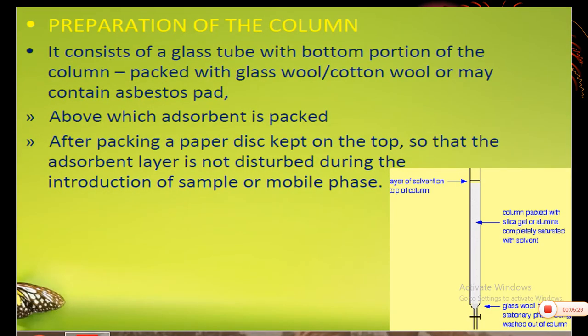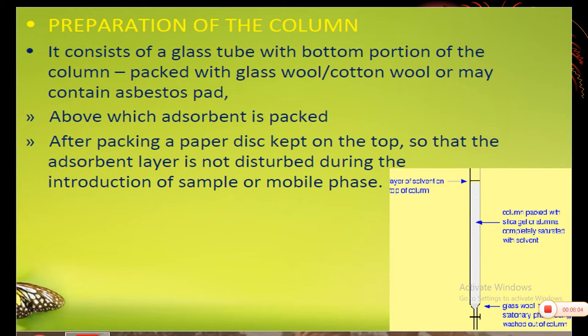Now, in the preparation of column, the column consists of glass tube with bottom portion of the column packed with glass wool, or you can use asbestos sheet also, asbestos pad also, above which adsorbent is packed. After packing, a paper disc is kept on the top so that the adsorbent layer is not disturbed during the introduction of sample or mobile phase.